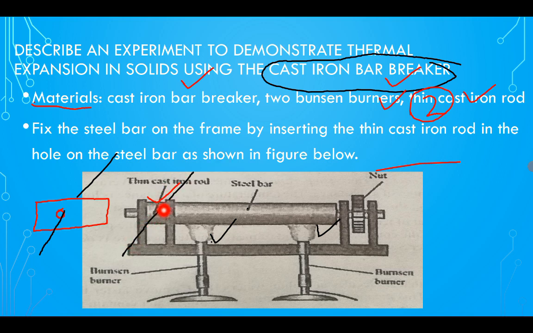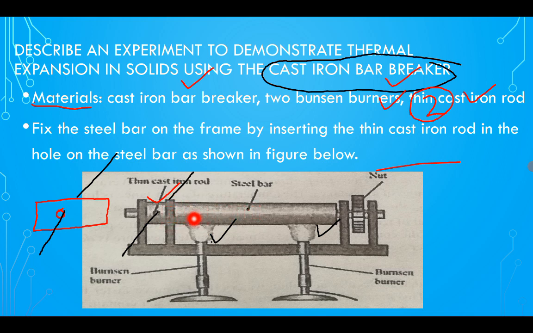So this is fitted there, such that when this steel bar is heated, expectedly it is going to expand. As it is expanding, the whole of it will expand. This rod will be pushed against the frames.